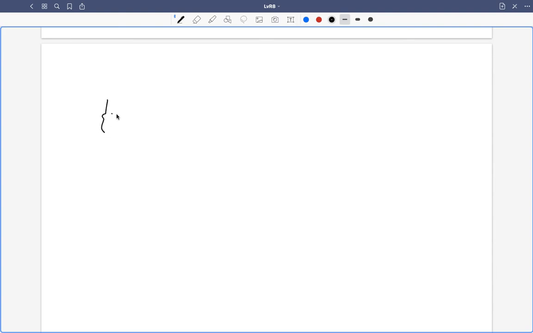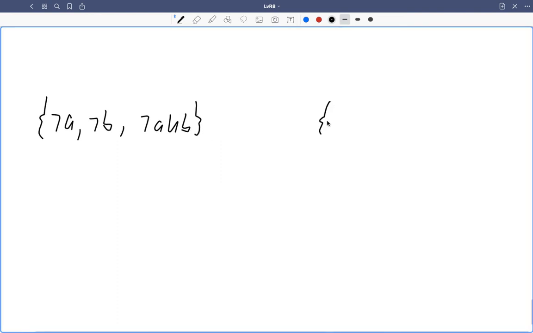So we can have not A, not B, not A until B. We have not A, B, A until B. We have A, not B, not, I suppose I should put the brackets round, but not (A until B).